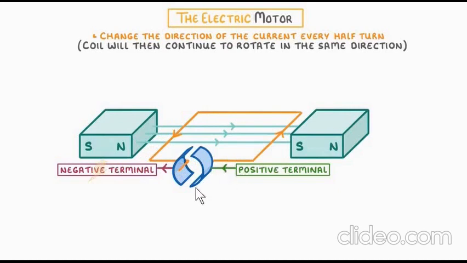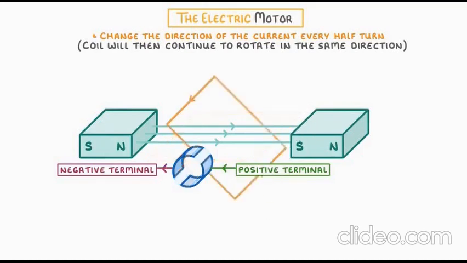But with the help of a split ring, this left-hand side of the coil, when it comes over here, will no longer be connected to the negative terminal; the connection will be swapped and it will then be connected to the positive terminal. And the same goes for the right side of the coil. How? That's what I'm going to show you over here.